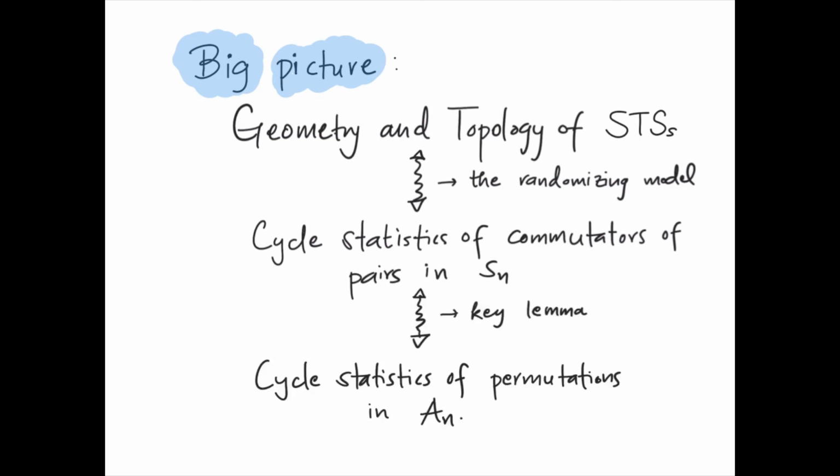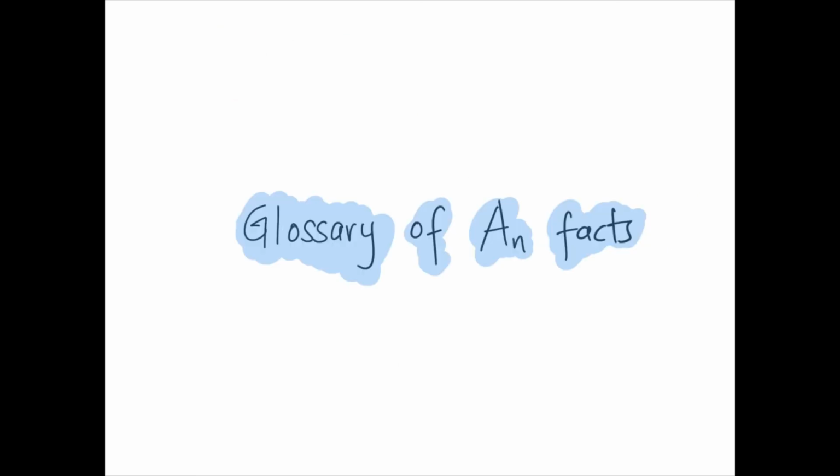And this key lemma tells you that, in fact, you can get away with just knowing information about the cycle statistics of uniform permutations in An to obtain geometric and topological information of square-tiled surfaces. So now all that remains is to get some key facts about the alternating group, and invert it in square-tile land.